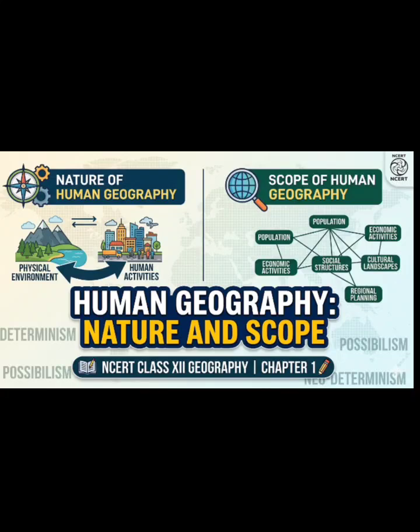These have been issues for intellectual exercise, but finally you will appreciate that the dichotomy between physical and human is not a very valid one because nature and human are inseparable elements and should be seen holistically.